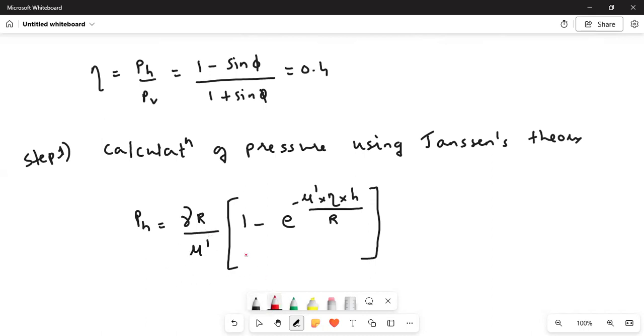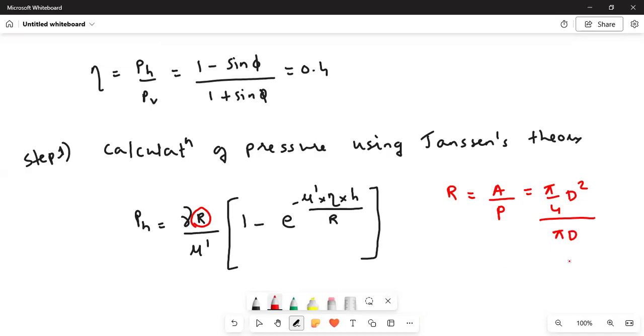So we will see how to find this hydraulic mean depth R. Hydraulic depth is equal to area of the section divided by perimeter of the section. This is circular silos, so area will be pi by 4 into d square. And perimeter means circumferential distance of the circle.